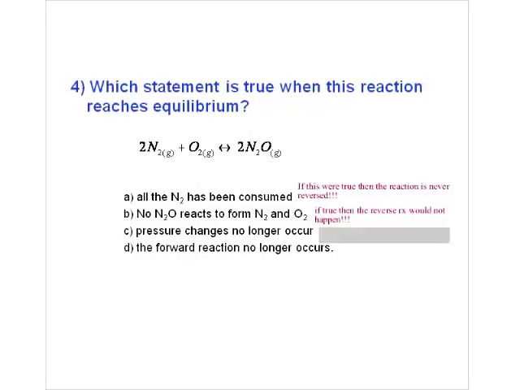That's not true. If it was going to be equilibrium, then some of it's going to break down, right? It's got to be give and take. Pressure changes no longer occur. That's good. Pressure is constant. And the answer to that is C. And that's definitely not right. Okay, there we go. So that's equilibrium.